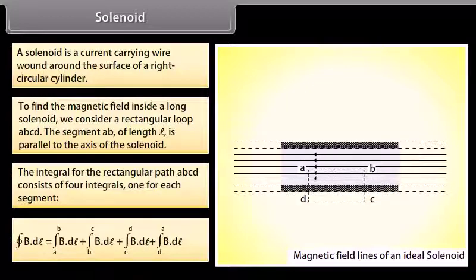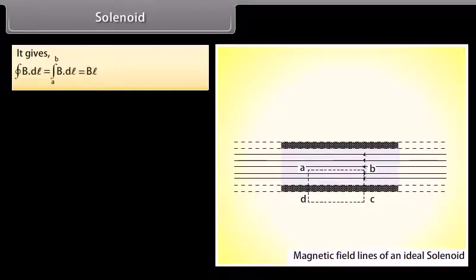Closed integral of B dot dl is equal to integration from A to B of B dot dl plus integration from B to C of B dot dl plus integration from C to D of B dot dl plus integration from D to A of B dot dl.